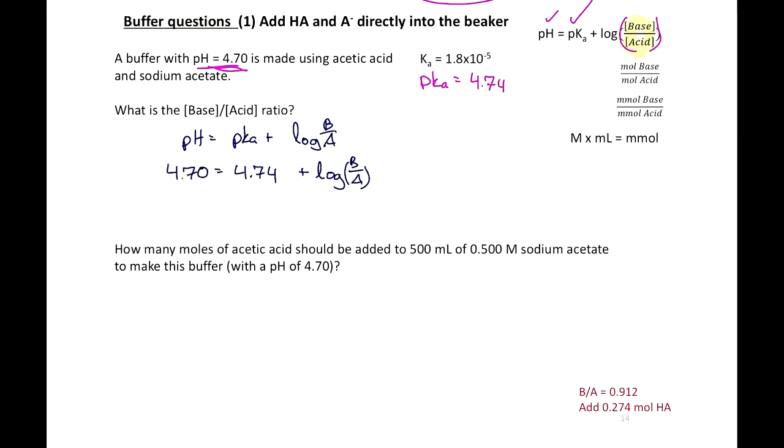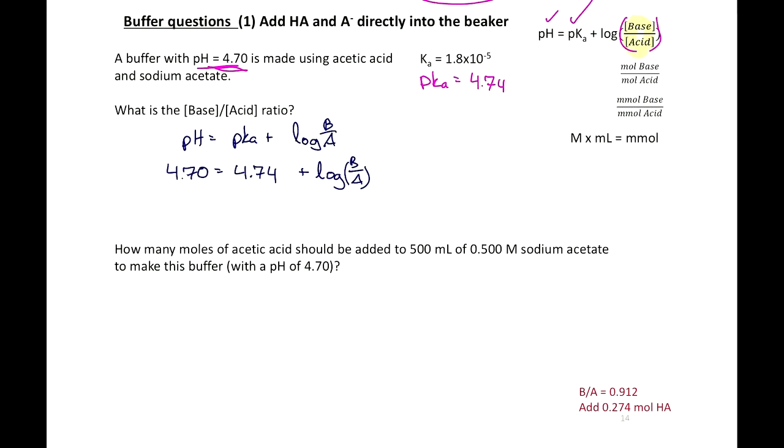But actually, before we answer the question, if the pKa is 4.74, but the measured pH is 4.70, what do you think is more present, the acid form or the base form? Acid, yeah, because the actual measured pH is a little bit lower. So we should expect that more acid is present in the buffer.